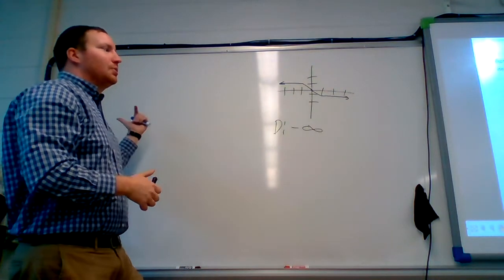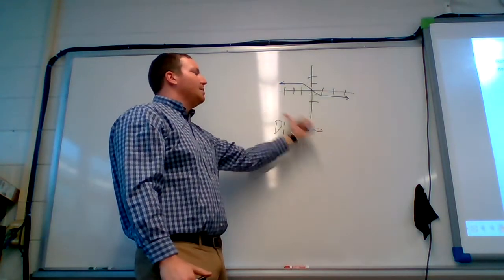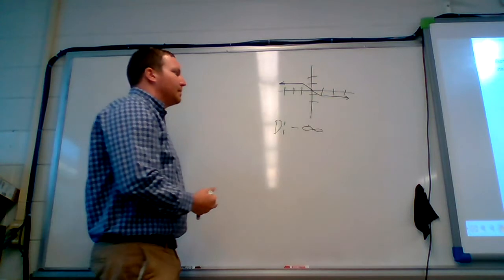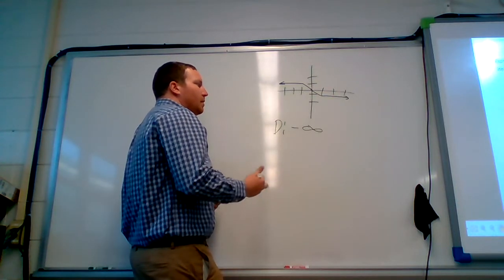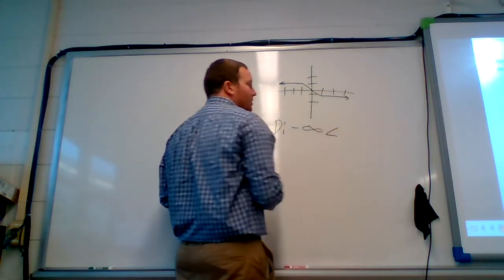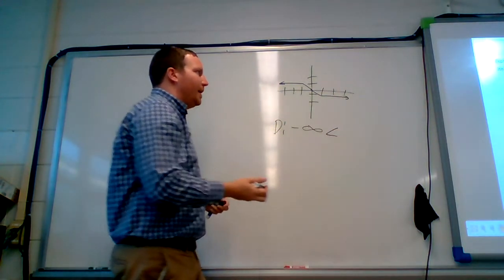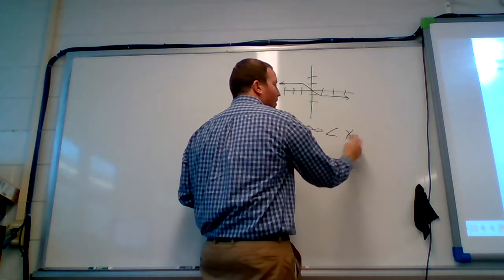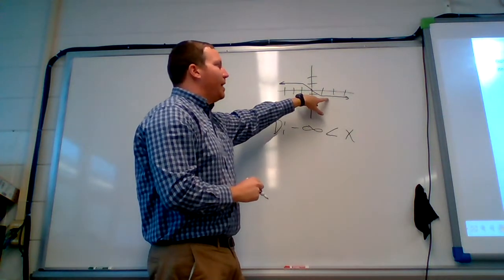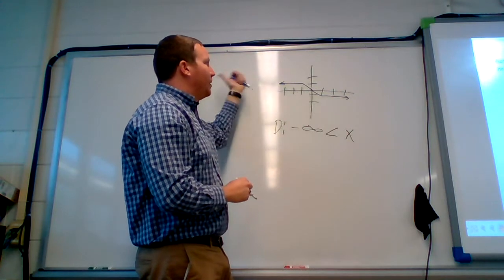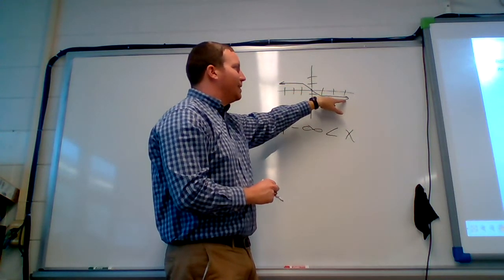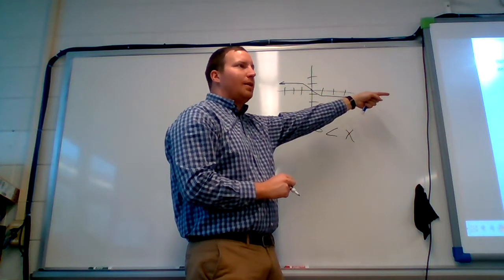That's the most extreme. That arrow is going to keep going. It's never going to stop. So we're going to go to -infinity. Now we can never catch infinity, so I'm going to say -infinity is less than x, because again, domain is our x values. How far to the right are we going to go? We've got the arrow going to the left, we still have everything connected, and now we have an arrow going to the right.